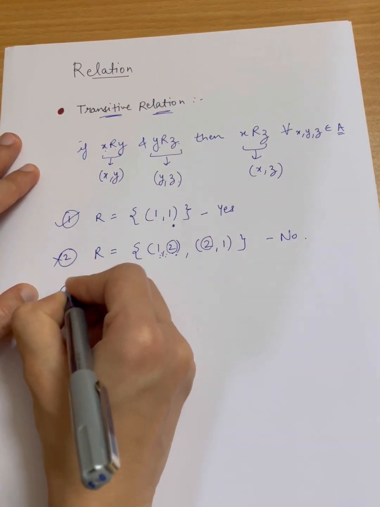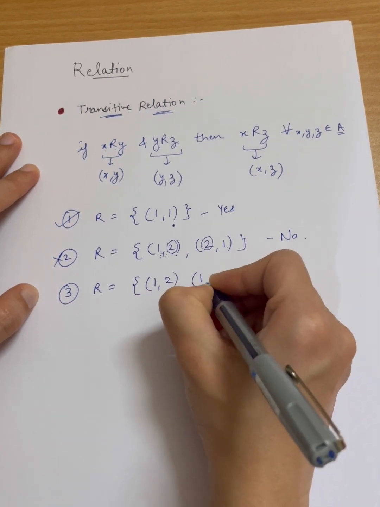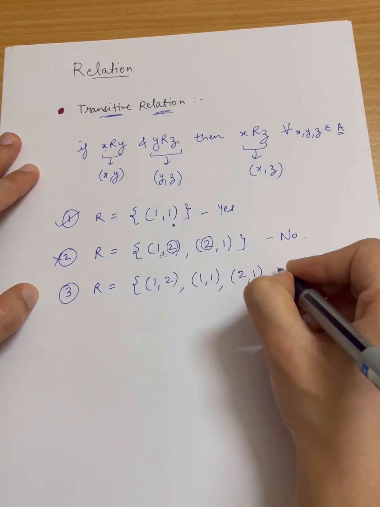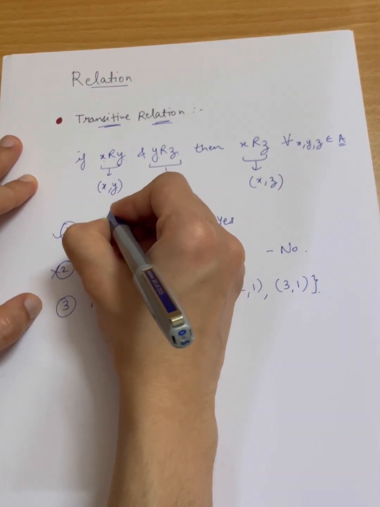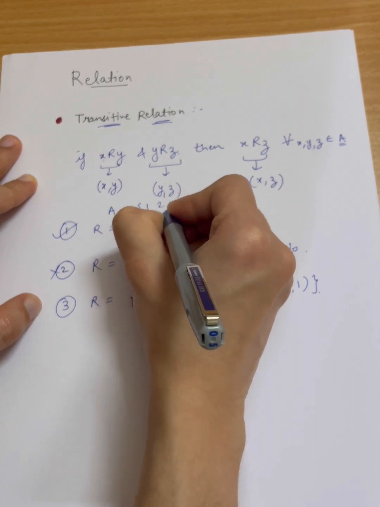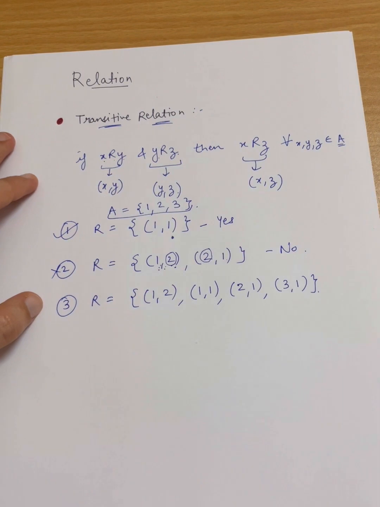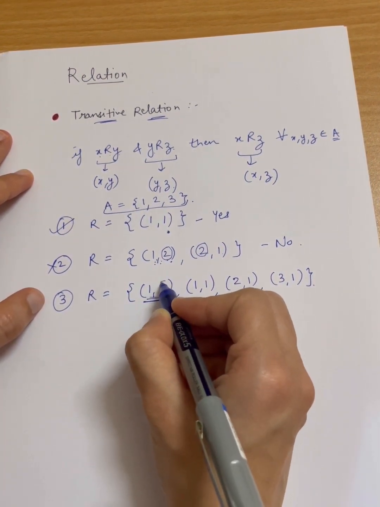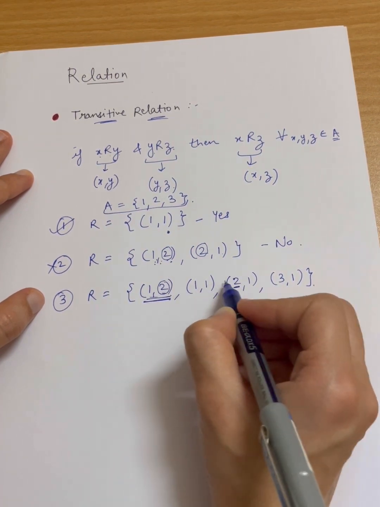Let's see one more example. If we have something like (1, 2), (1, 1), (2, 1), (3, 1), let's suppose there is one set A which contains 1, 2, 3, and according to this set A these relations are coming. See, if (1, 2) is present, then see whether 2 is present on the first position in any element.